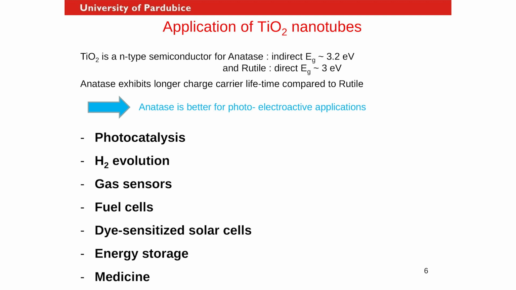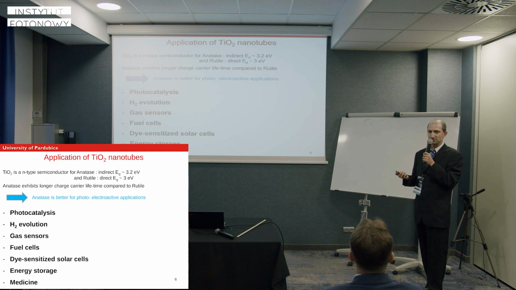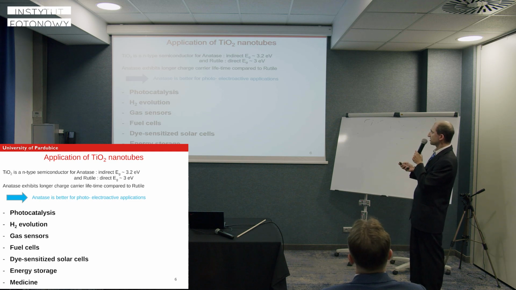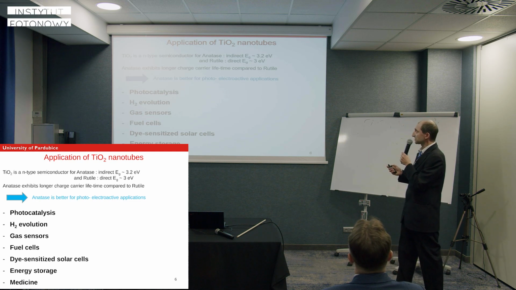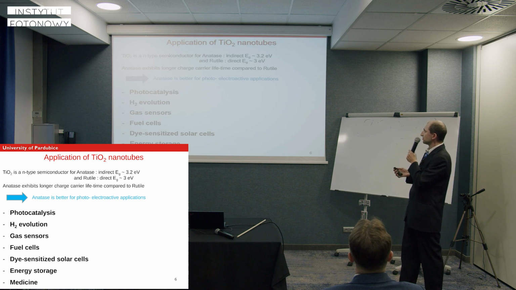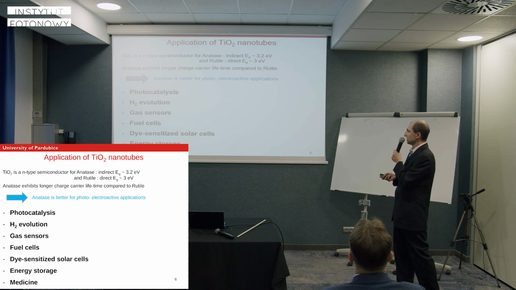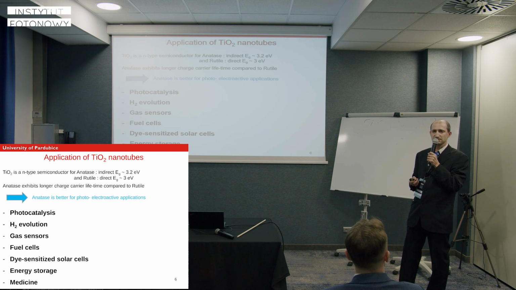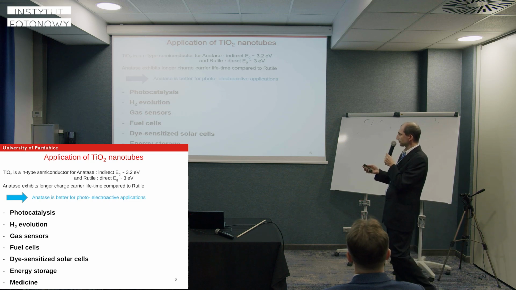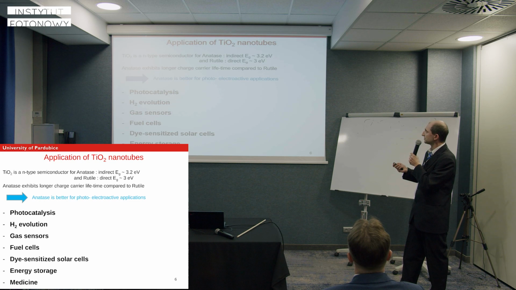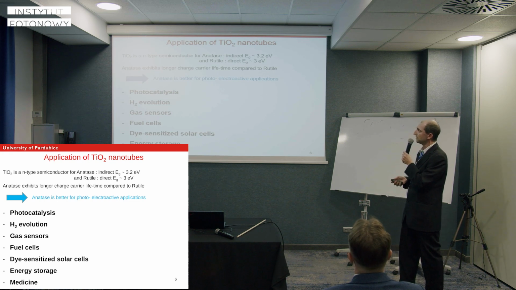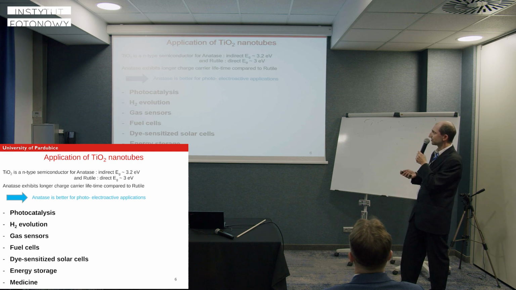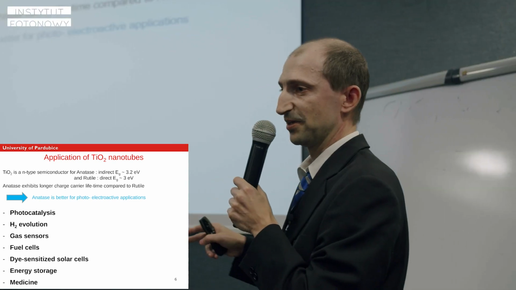And here we have two types of crystalline phases: anatase, which is an indirect band gap structure, having a band gap energy of about 3.2 electron volts, and rutile, which is a direct band gap semiconductor with a band gap energy around 3 electron volts. And as was said yesterday, indirect band gap semiconductors have longer charge carrier lifetimes compared to the direct band gap structure.